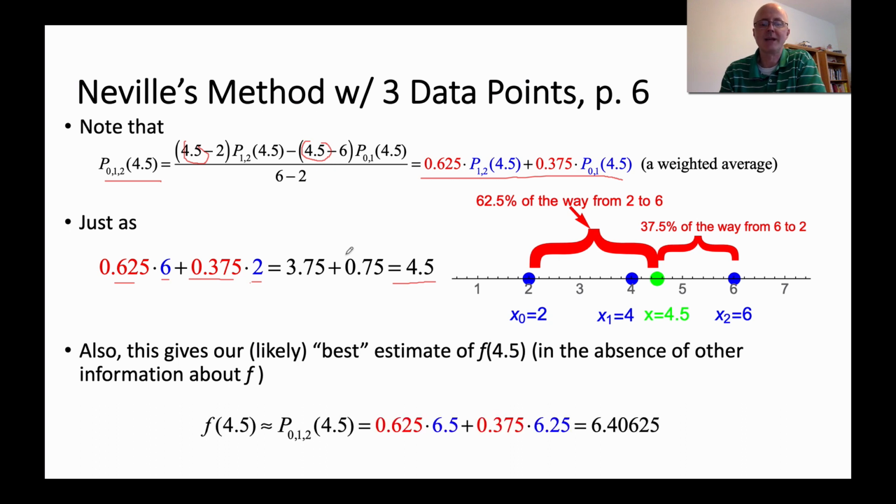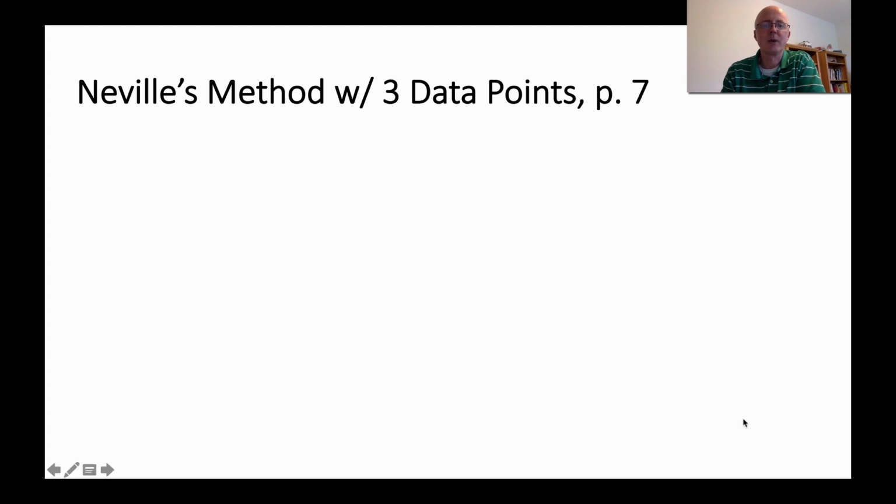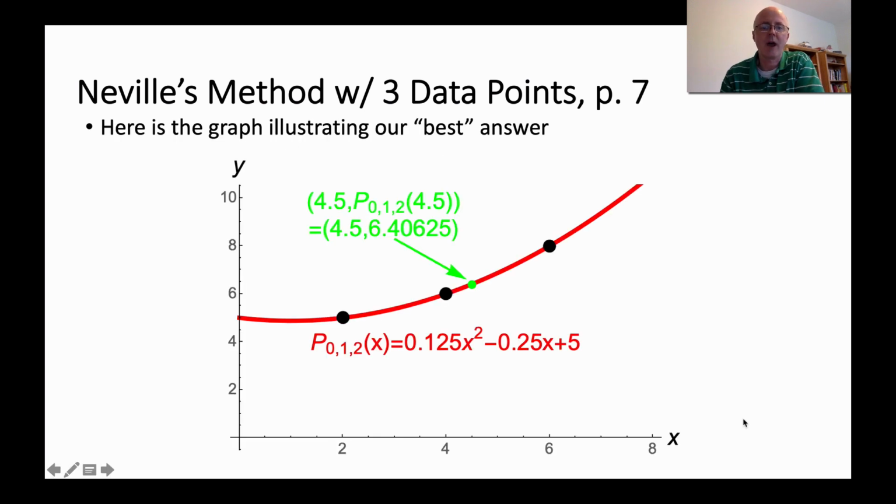This likely gives us our best estimate for f of 4.5, at least if the function is well behaved, in the absence of other information about f, like if it's some sort of wild function. F of 4.5 is most likely closest to this thing, which turns out to be 6.40625. Okay, you should take the time to double check that. And here's a way to visualize this in a graph.